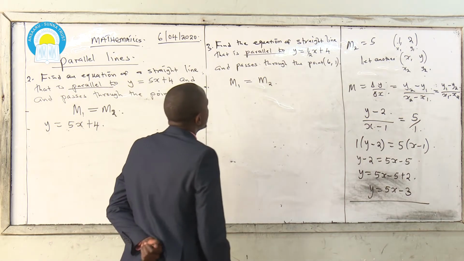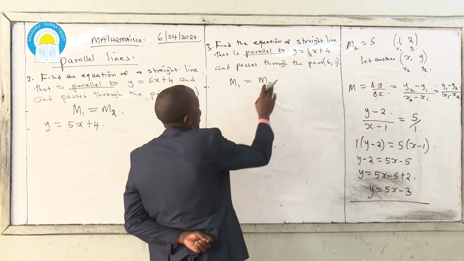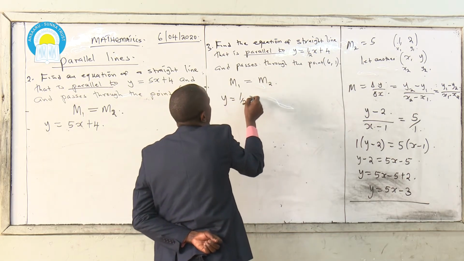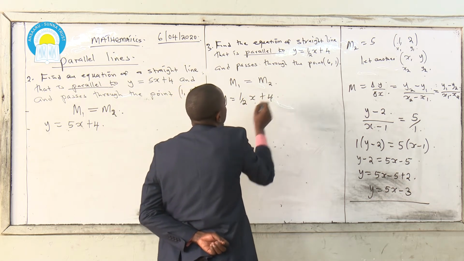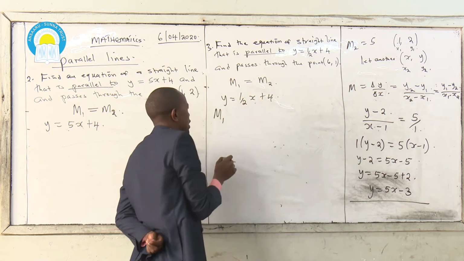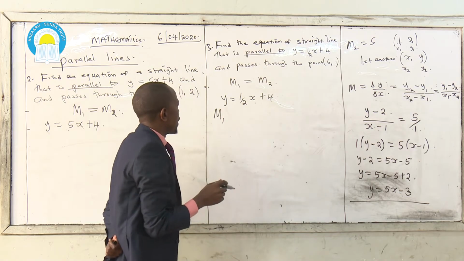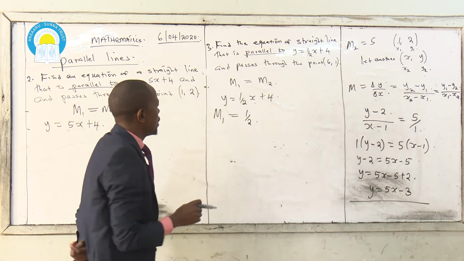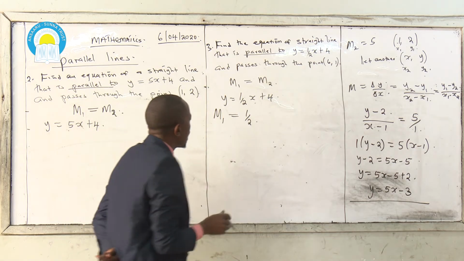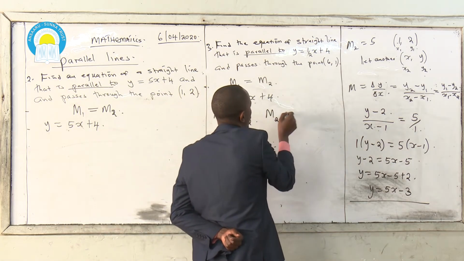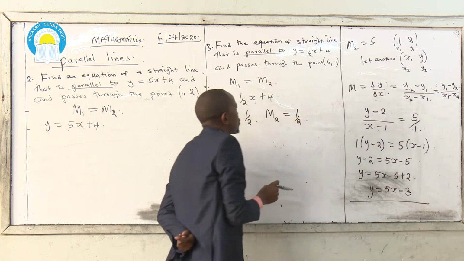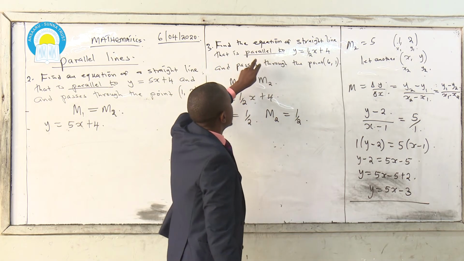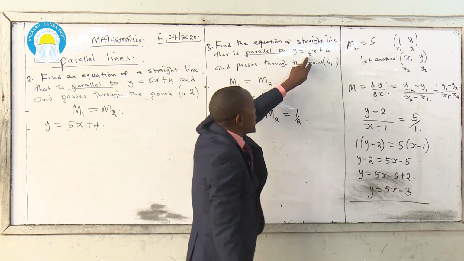Now, we have our equation y is equal to a half x plus 4. And then we state our first gradient. The gradient of line 1 is going to be a half, meaning our M2 is also a half, because the line that you're finding is parallel to the line given.